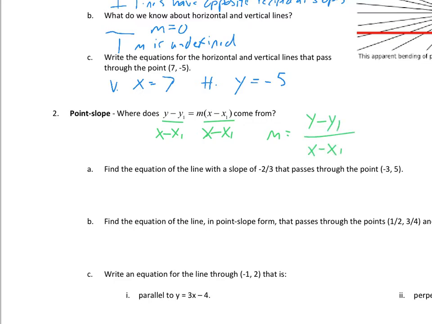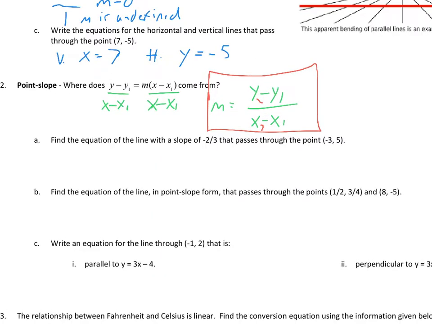Now normally you see it written like this with an x2 and a y2. Those are just arbitrary labels that represent different variables. And that's exactly how you find the slope between 2 points. And so this is a formula that you've known forever, and then all of a sudden somebody introduces this point slope form to you, but never makes that connection. So it's just interesting, I think, to see where that comes from, if you've never seen it.